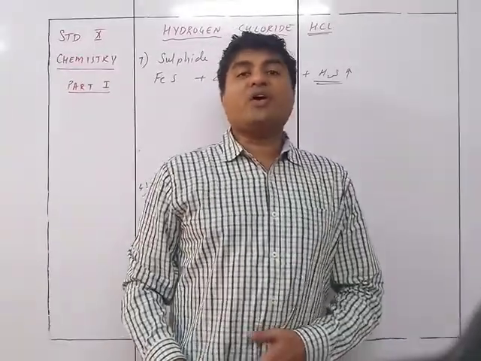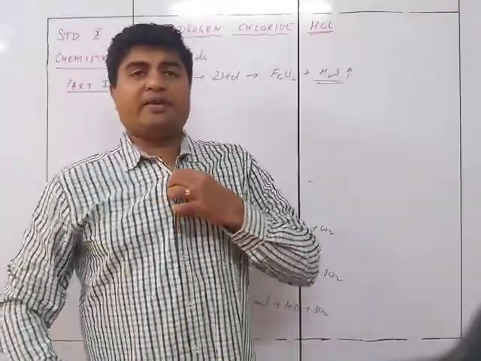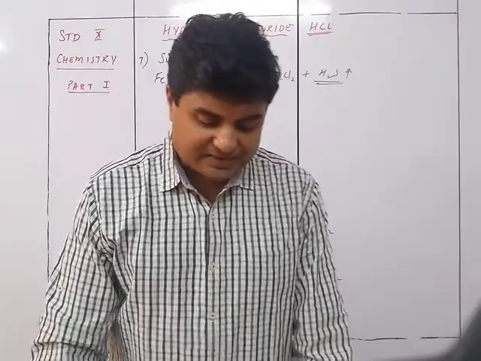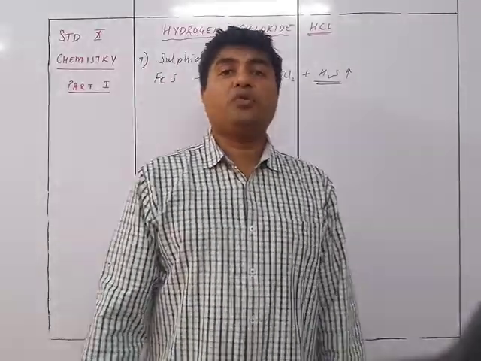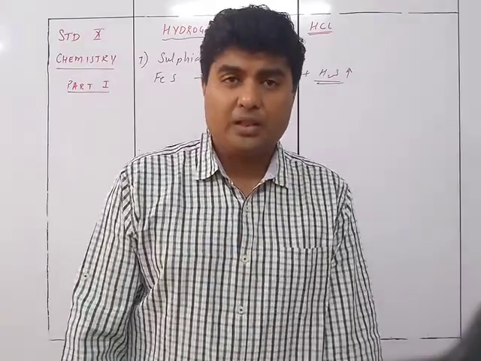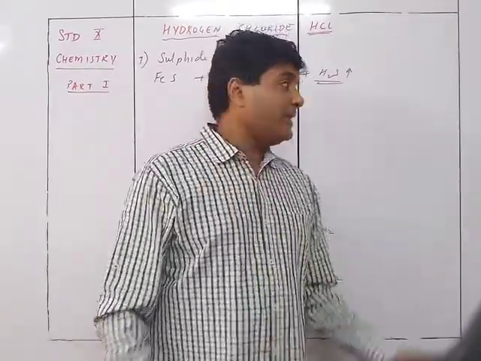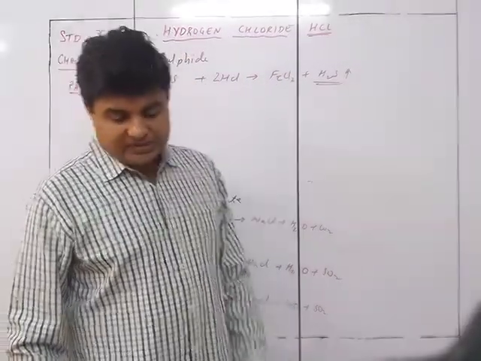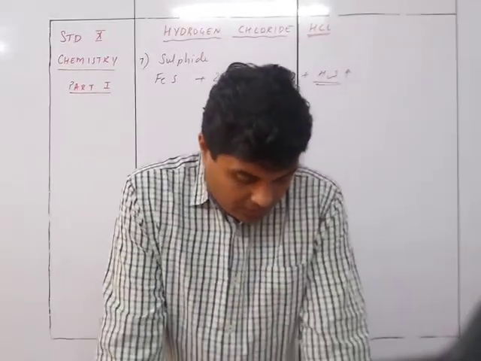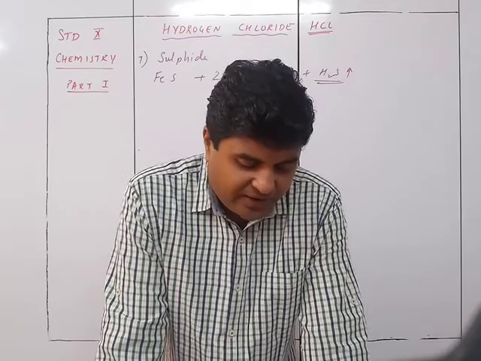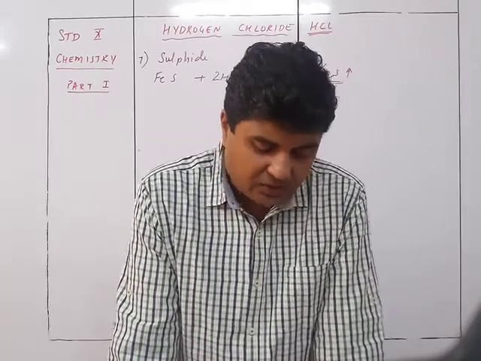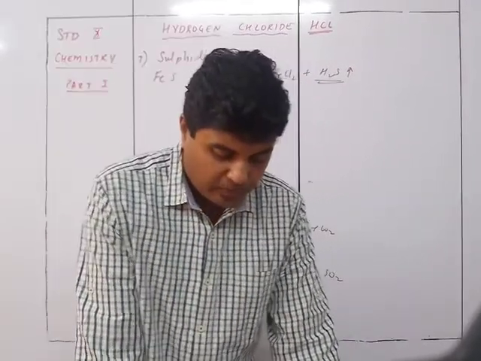Whenever you get H2S as the gas, one observation will be that it gives you a rotten egg smell. The rotten egg smell for H2S is an important thing. There are also some color changes in the case of copper sulfide. Copper sulfide is black in color. When it becomes copper chloride, it becomes blue in color.